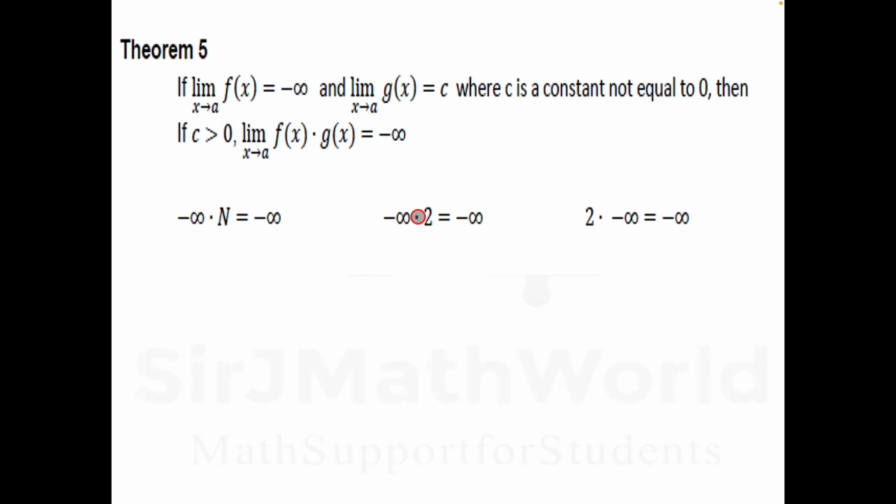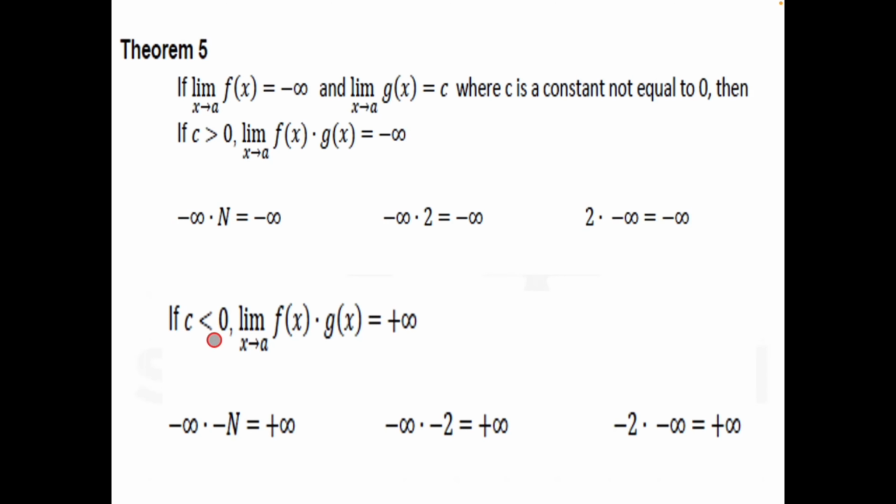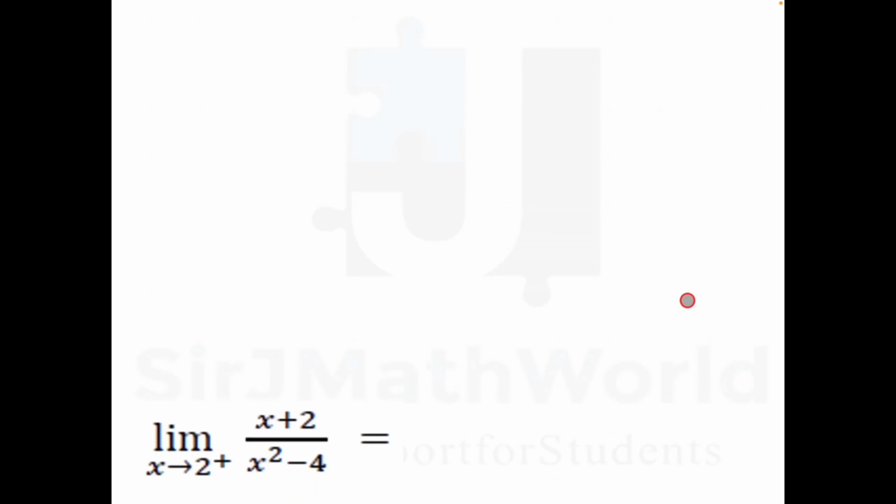So, negative, positive, negative. So, positive times negative is negative. Next is kung parehas naman silang negative. So, negative times negative is positive. So, negative, negative, positive, negative is still positive.